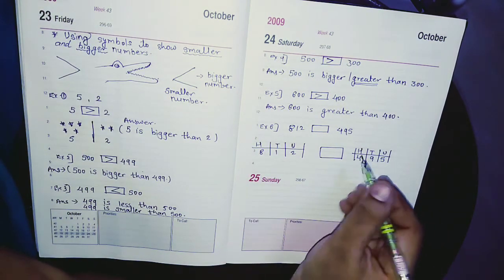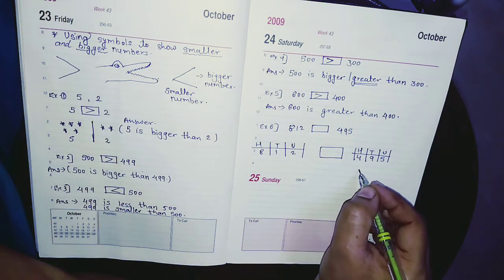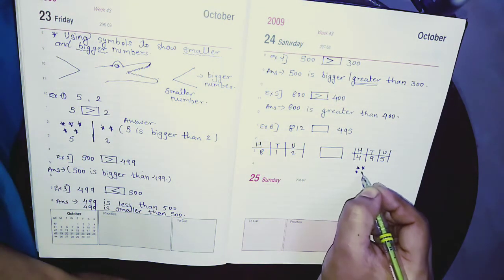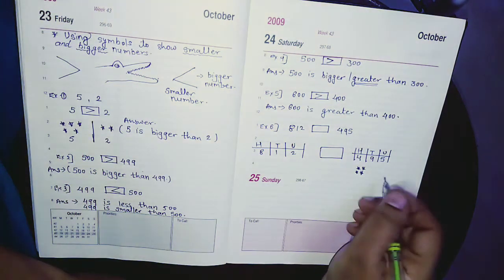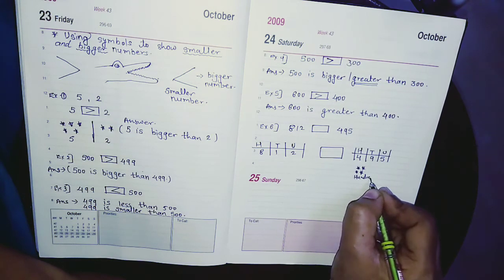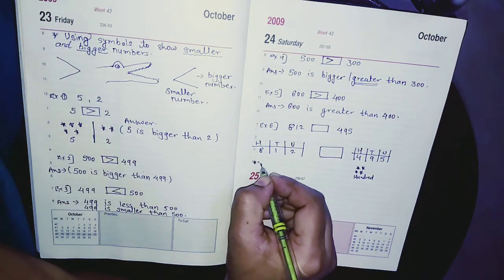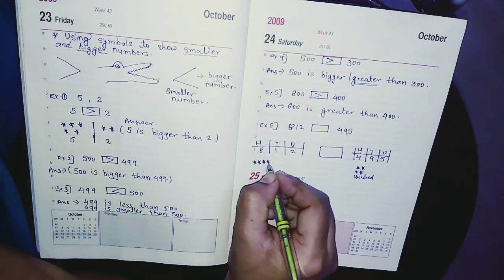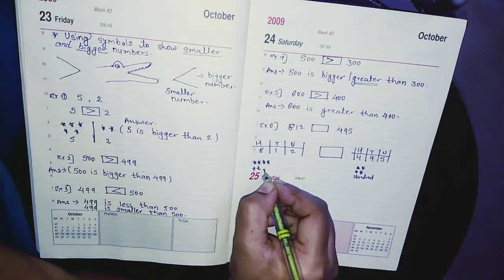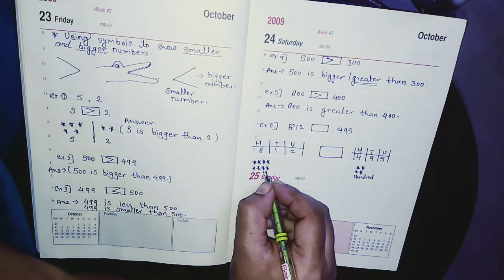Here in the hundreds place we have 4. 1, 2, 3, 4. That means 400 stars. Okay. And here in the hundreds place we have 8. 1, 2, 3, 4, 5, 6, 7 and 8. 800.